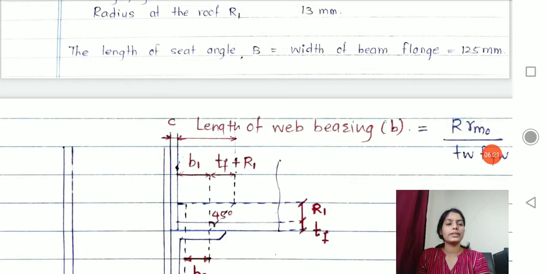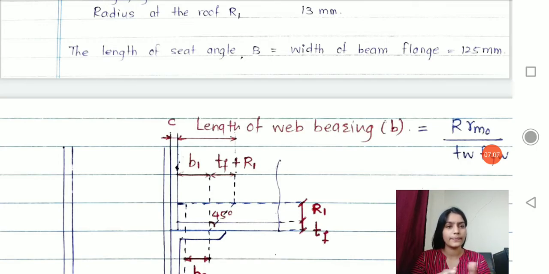Once you enlist the properties, you can go for the next step, the length of the seat angle B. Whenever I am connecting a beam to the column or stanchion, I need to understand how the connection with the bolts is done, and how the angle is fitted on the web or on the flange.